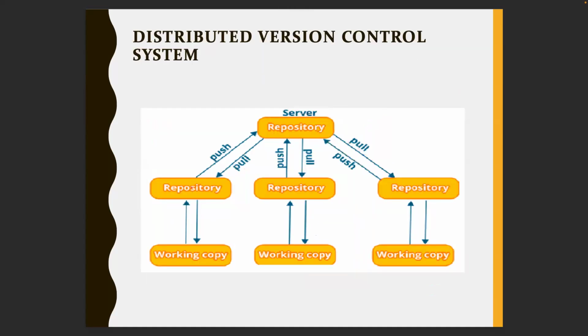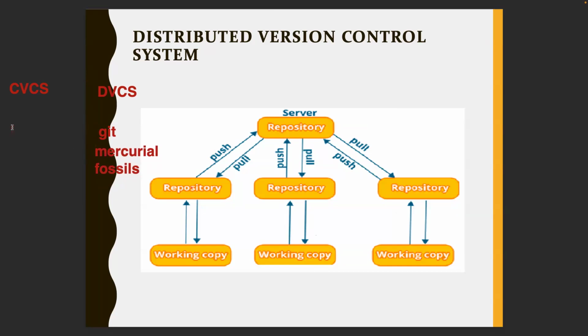Clear. Right. Thank you. So let me give examples of a few tools which fall under each category. We were talking about centralized version control system architecture and distributed version control systems. Under distributed, we have Git, Mercurial, Fossil.